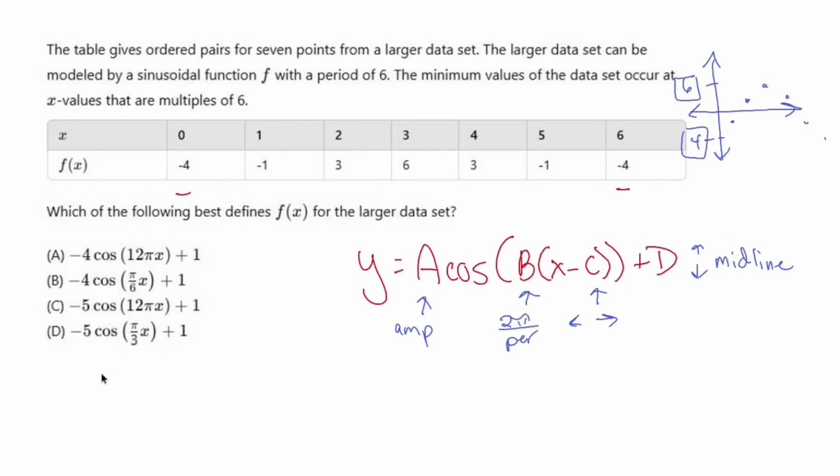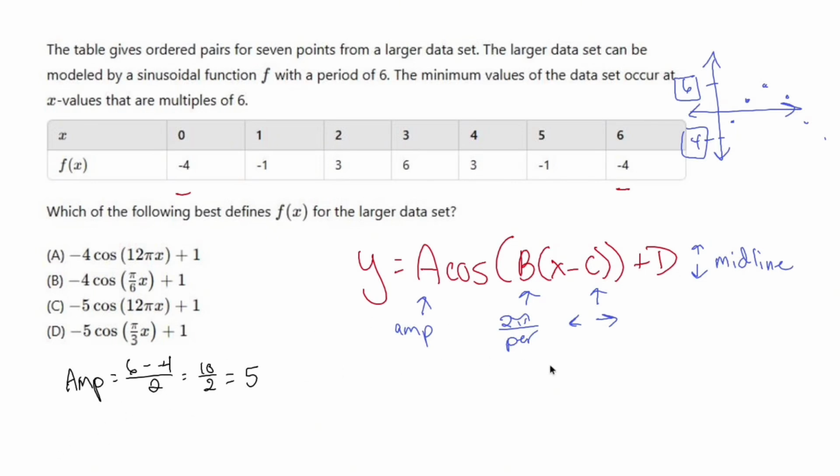So let's find our amplitude. Our amplitude is going to be the larger number minus the smaller number, divided all by 2. So 6 minus -4 is going to be +10. +10 over 2 is 5. That's my amplitude.